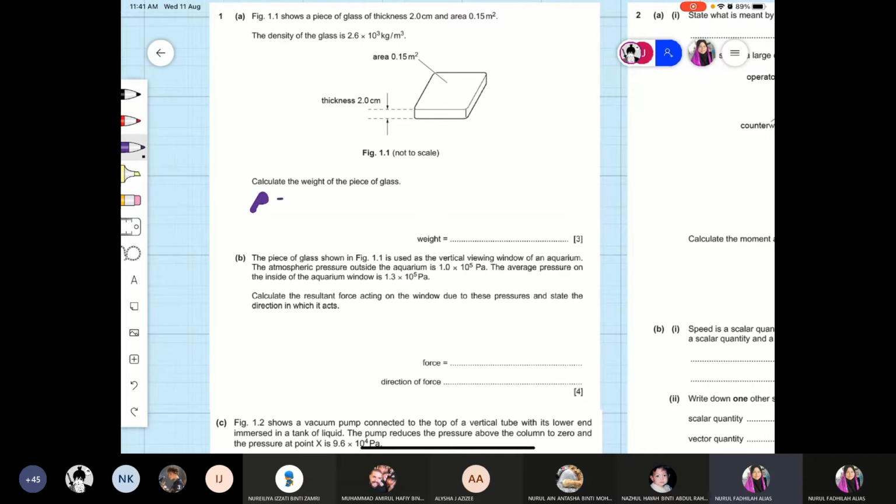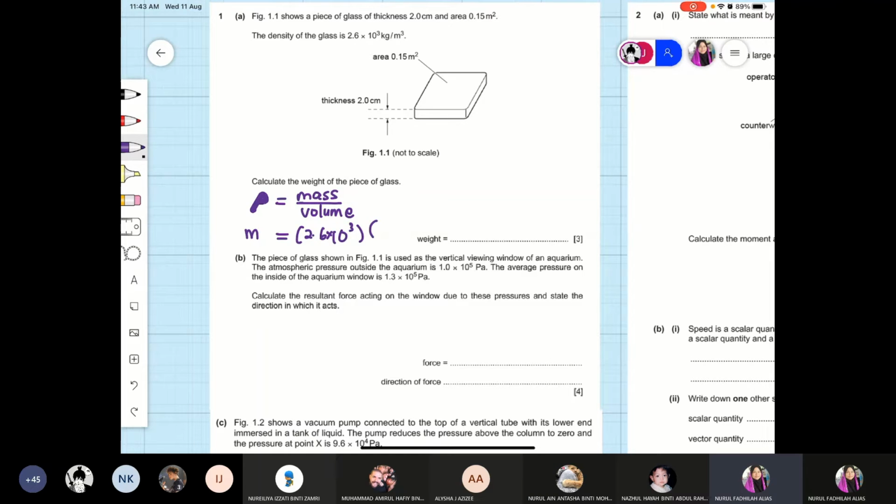Okay, so density equals to mass over volume. Tapi cari volume dulu. You want the volume or you want the mass? Want the mass. Okay, so mass equals to density 2.6 times 10 to the power of 3, lepas tu times dengan volume.